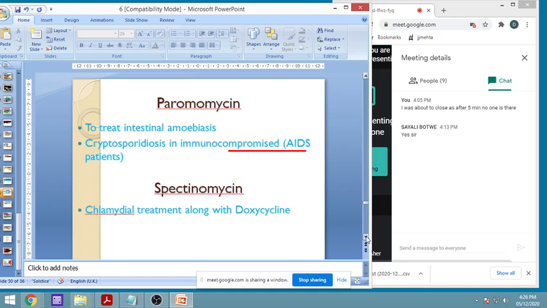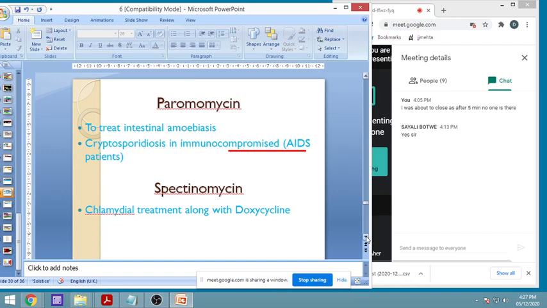Then paromomycin, to treat intestinal amoebiasis. Although the class is aminoglycoside, it has more action towards amoebiasis, that is, antiprotozoal activity. It is also useful in cryptosporidiosis in immunocompromised or AIDS patients. Then next is spectinomycin. It is used in chlamydia treatment.